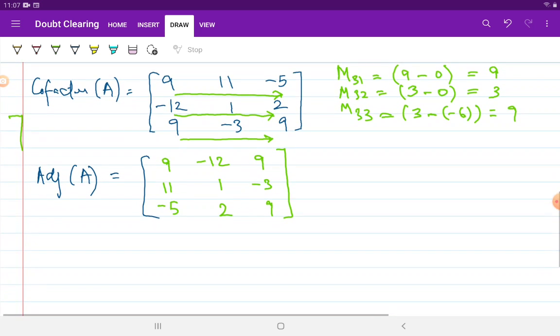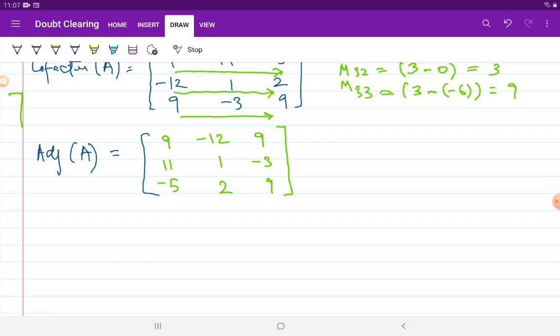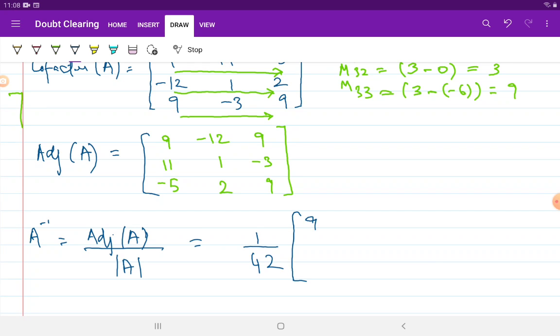The value of the inverse, like I said, is adjoint A divided by determinant A. So, it will be 1 by 42 times 9 minus 12, 9, 11, 1, minus 3, minus 5, 2, 9. And if you have your calculators, you can always find the decimal points, or you can even leave it here and this would be your answer.